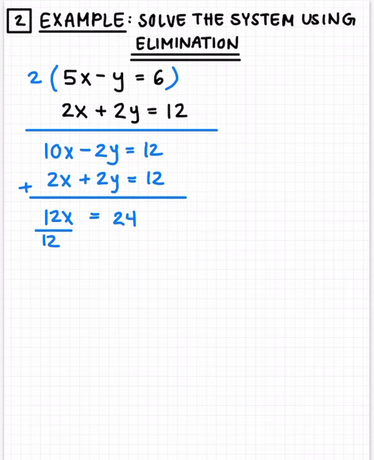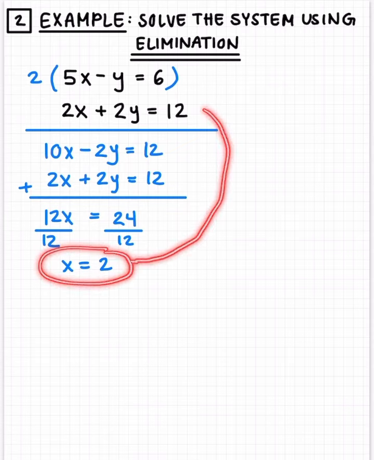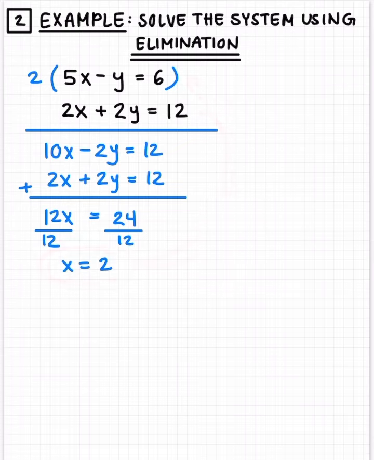If I divide both sides of our equation by 12, we have x equals 24 divided by 12 equals 2. So now we want to plug in our x value into one of our initial equations. So I'll choose the second one. So we have 2 times 2 plus 2y equals 12. 2 times 2 is 4 plus 2y equals 12.